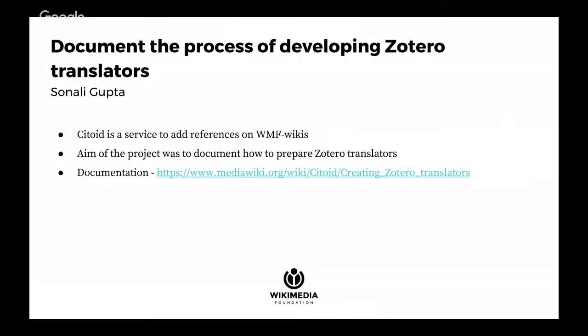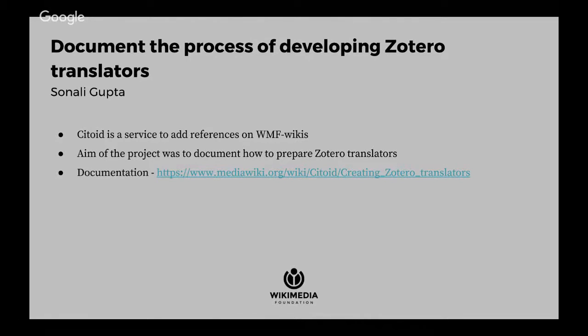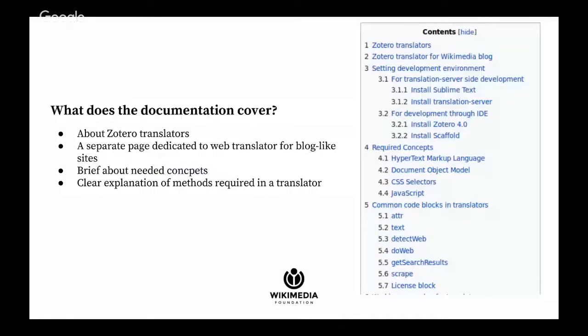Can we switch to the next slide? I'll just cover what the documentation has. First, we go about knowing what Zotero translators are, and then for people who would like to learn how to write translators through an example and skip the tutorial, I have created a page that has a translator for a Wikipedia blog.